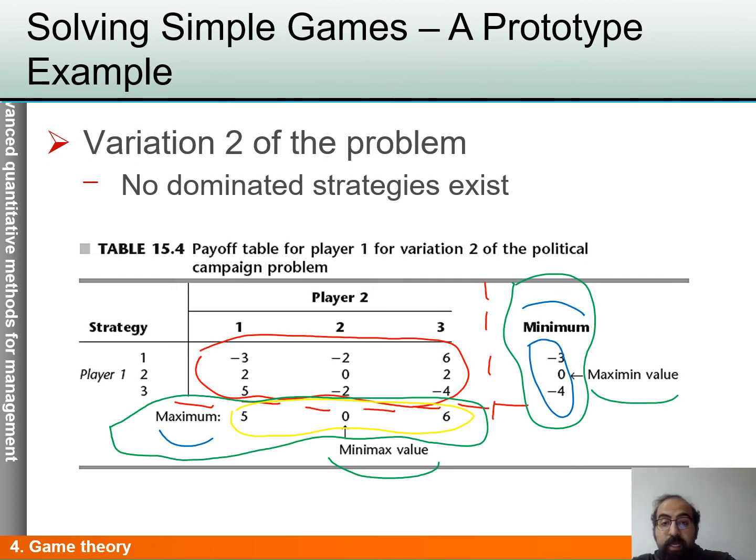So if there is a point where this minimax and maximin happen at the same coincidence, like here where we have 0, we name this 0 point the saddle point.